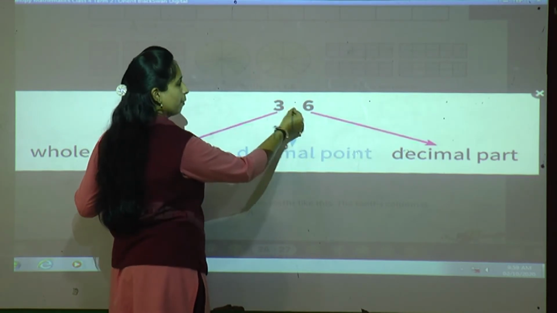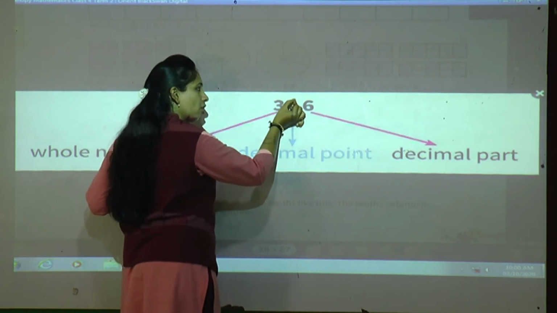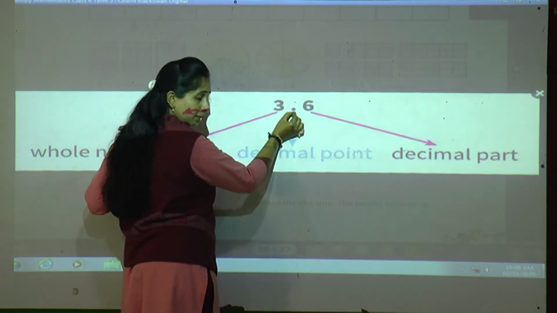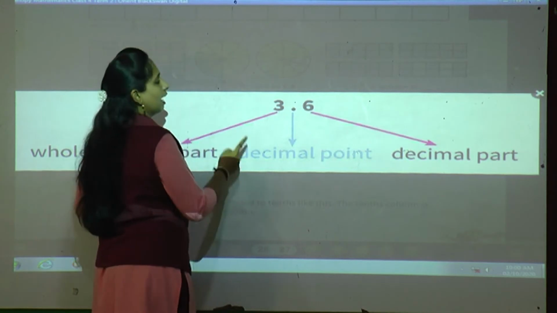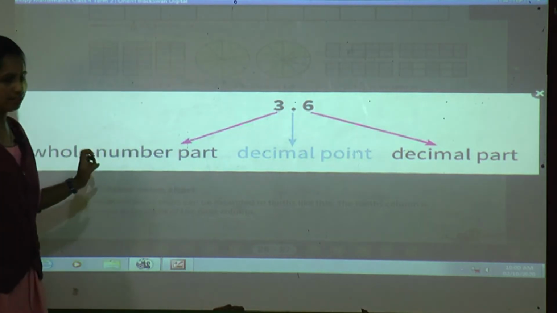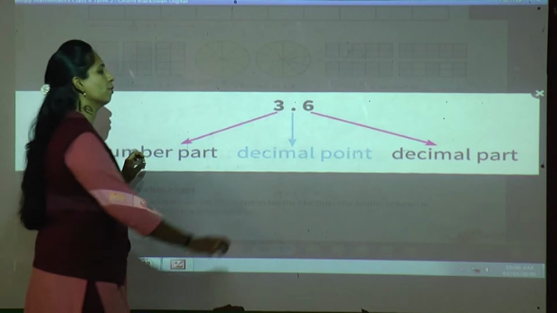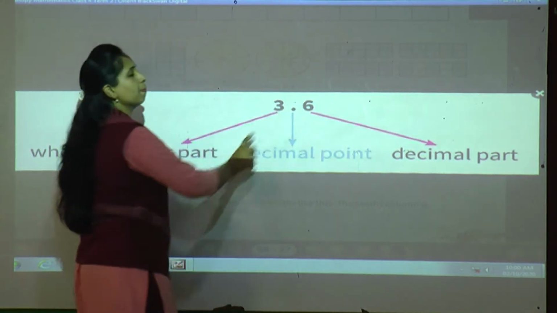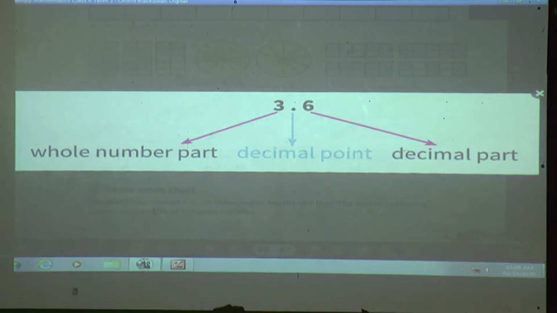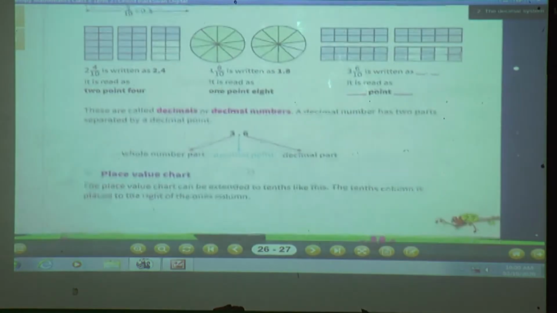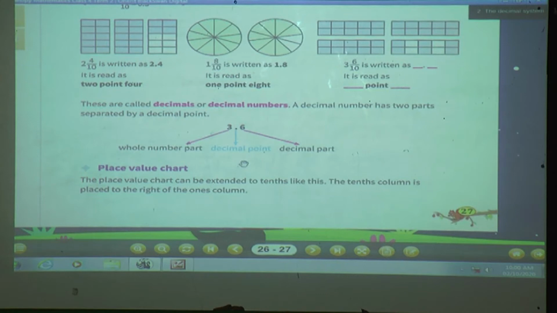You have to put the point not in the middle or up. It should come at the bottom. And this is the decimal part. Okay. Clear? Very good. Now we will see the next term, that is place value chart.